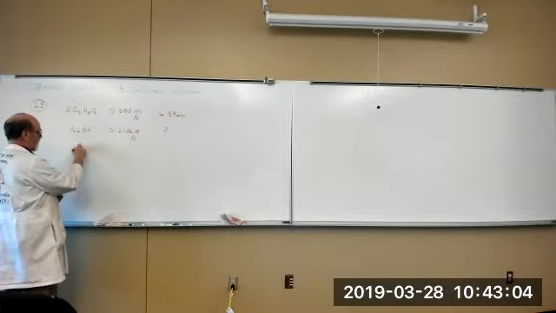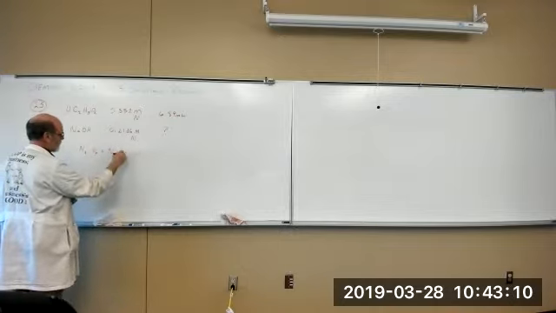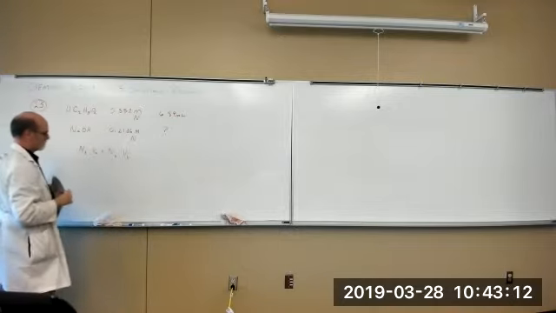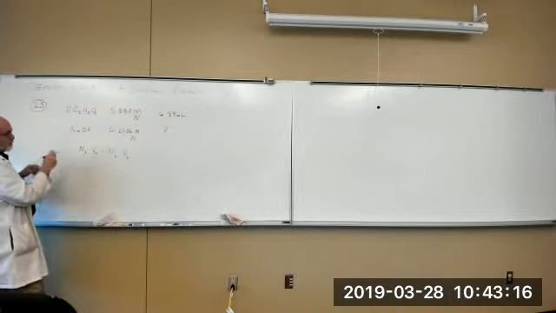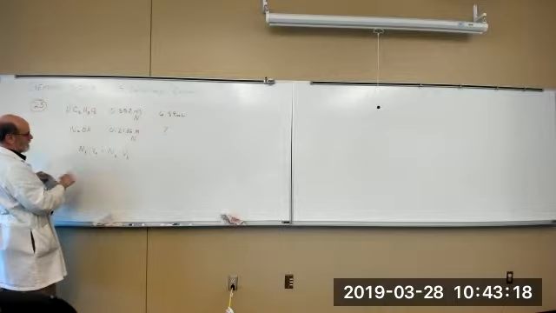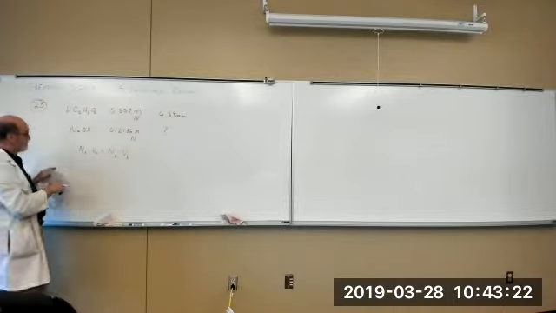So we can use the normality of the acid times the volume of the acid equals the normality of the base times the volume of the base. So really you're just plugging numbers. And since it's got volume on both sides, we can leave the milliliters as is.